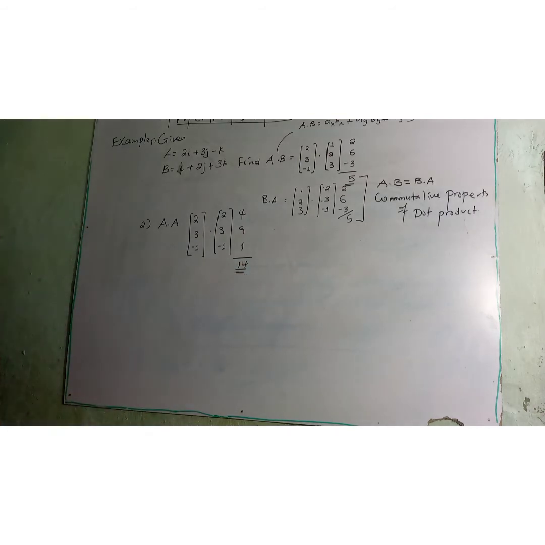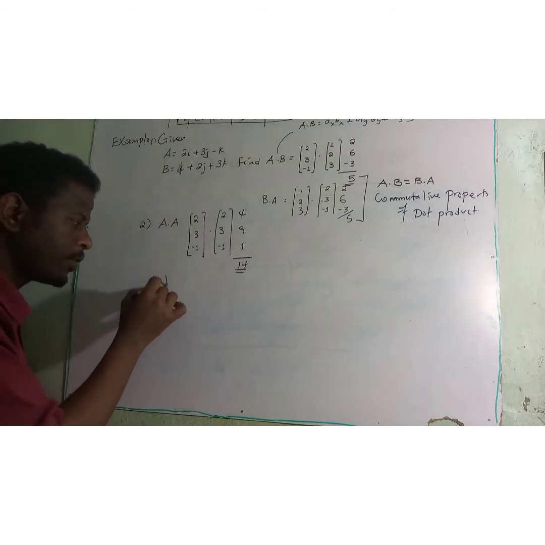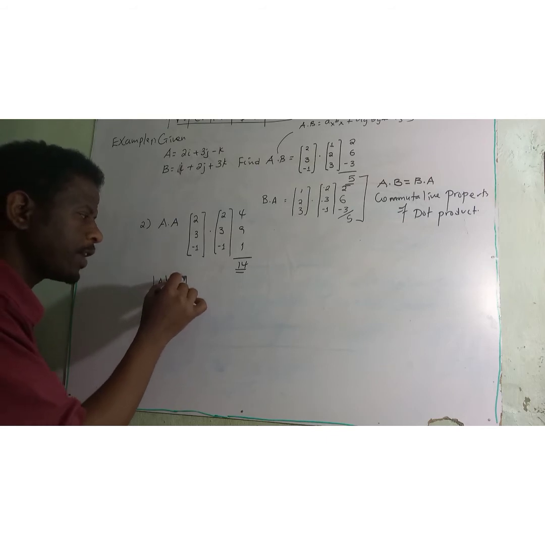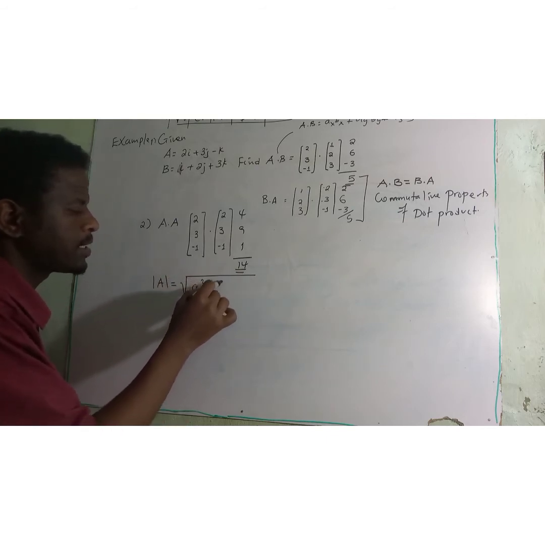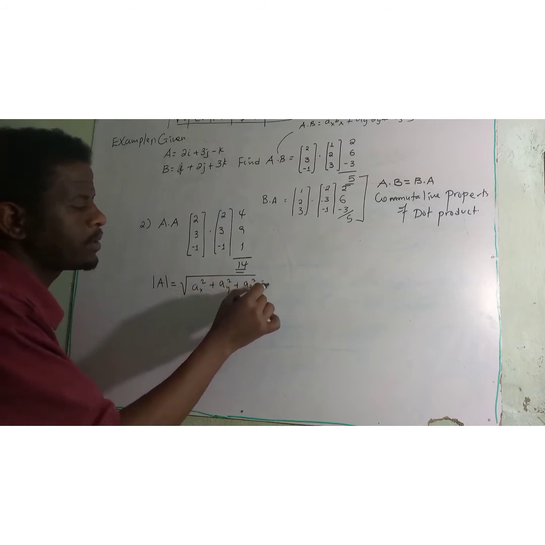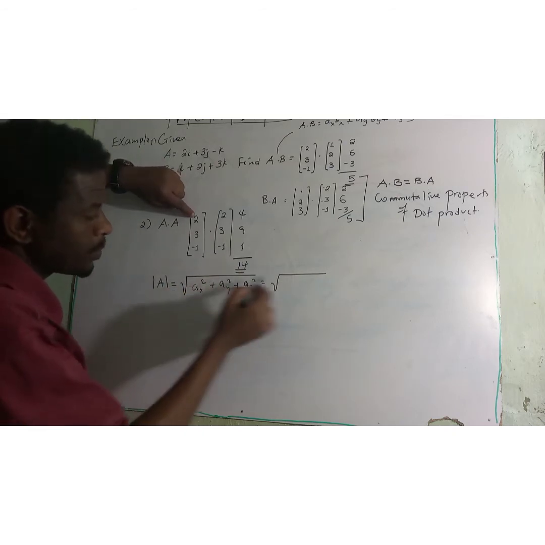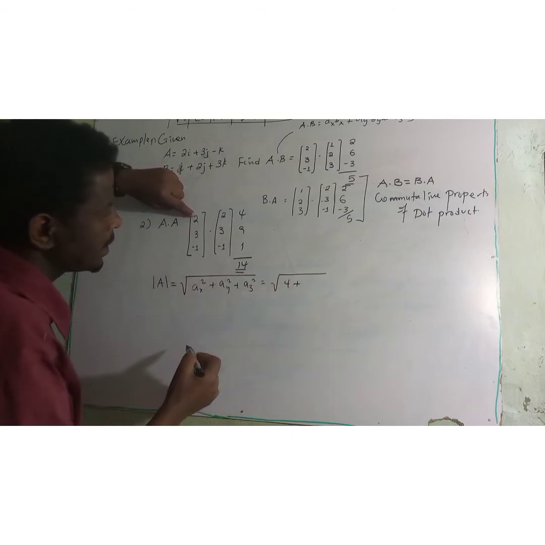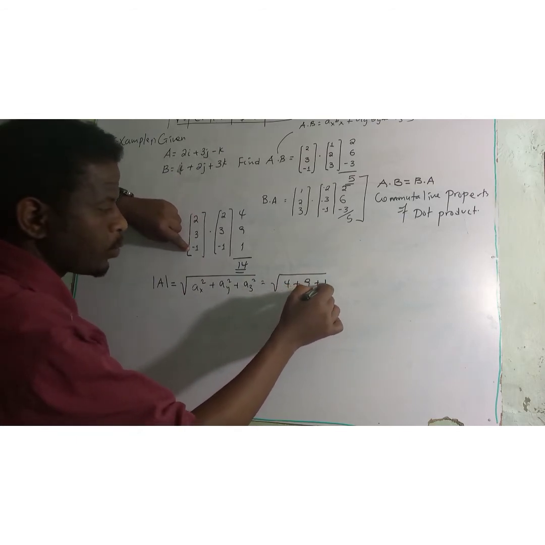Now compare it with the magnitude of A. First, let's find the magnitude of A, which is equal to the square root of AX squared plus AY squared plus AZ squared, which is equal to the square root of 2 squared, which is 4, plus 3 squared, which is 9, plus minus 1 squared, 1.